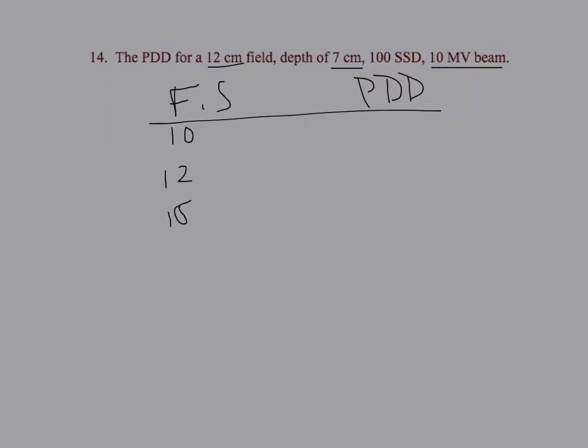14. We have a 12 by 12 field, depth of 7, 10 MV beam. We're going to interpolate again, percentage depth dose. So for that, I want to go in between 10 and 15. So percentage depth dose for a 10 by 10 field size is 82.5.